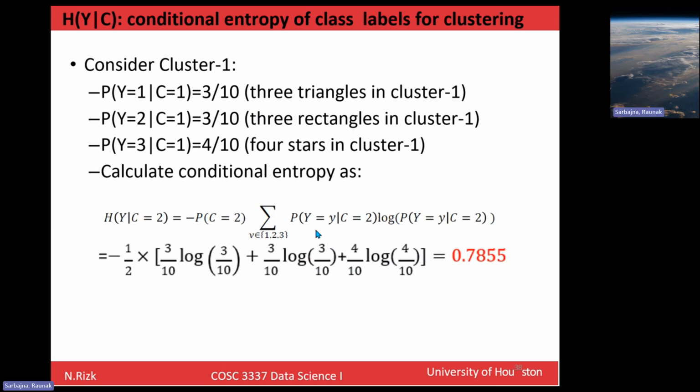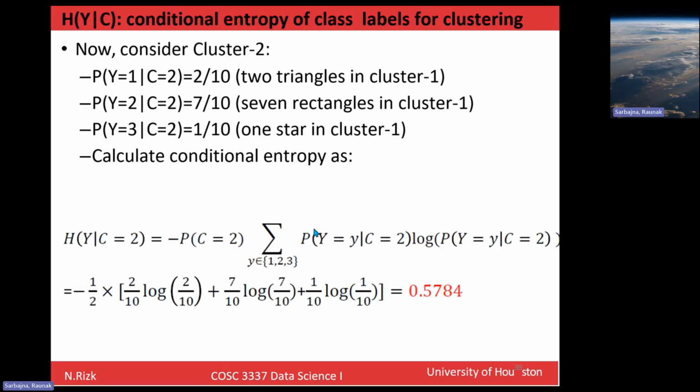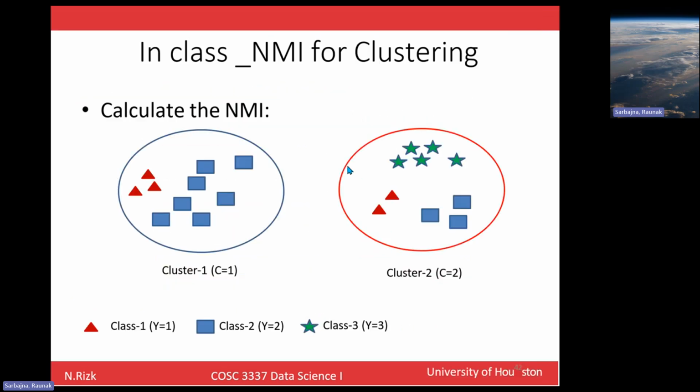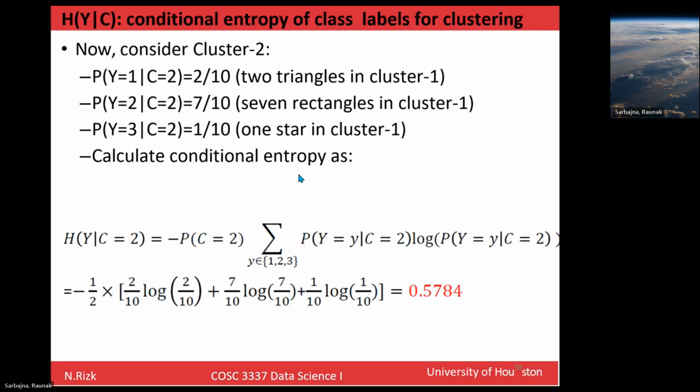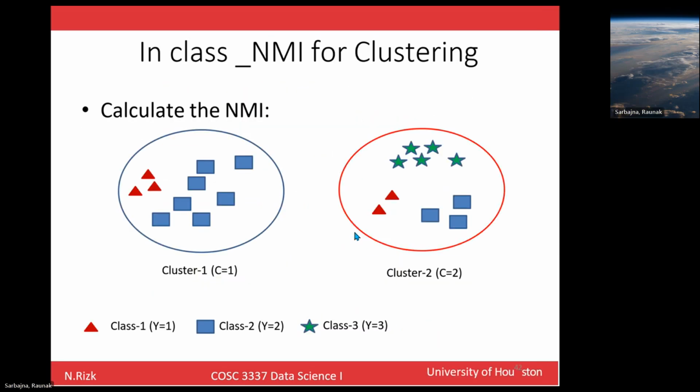So you do this for cluster 1, and then for cluster 2, in the old example, it was 2, 7, and 1. In the current example, it's 2, 5, and 3. So you calculate this conditional entropy as well. It remains the exact same, just instead of 2, 7, and 1, it's 2, 3, and 5.